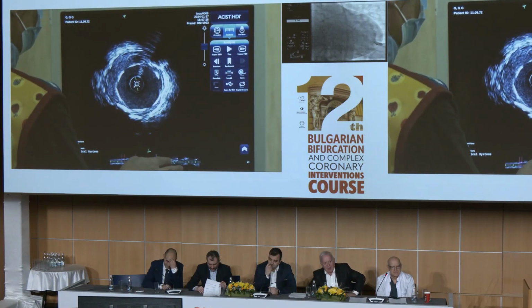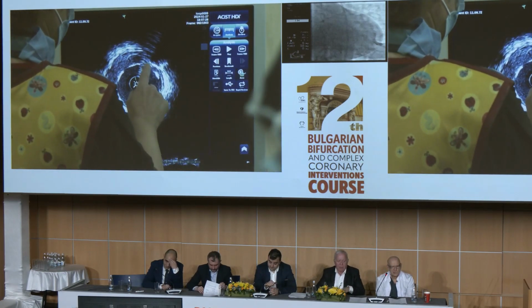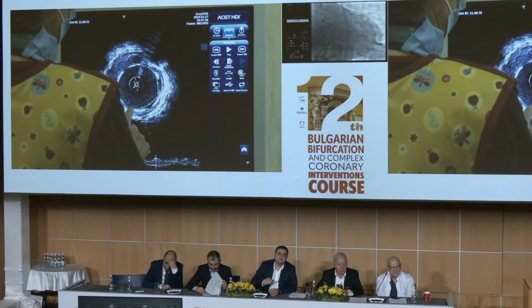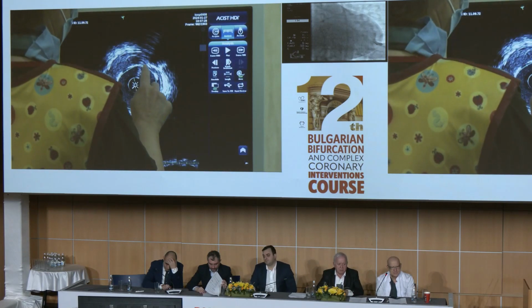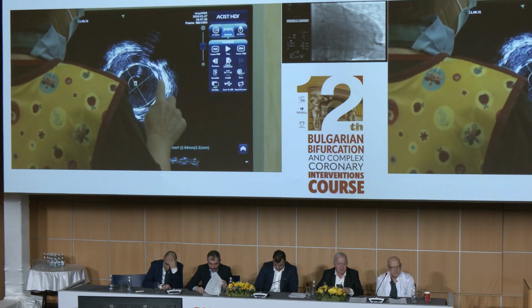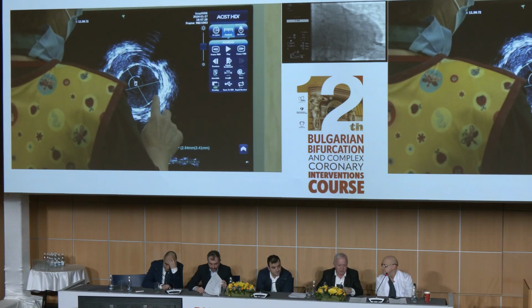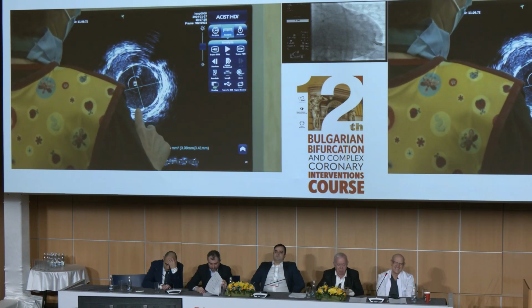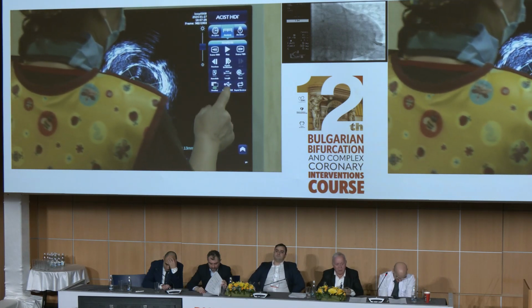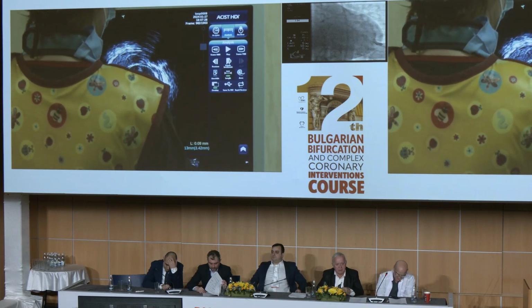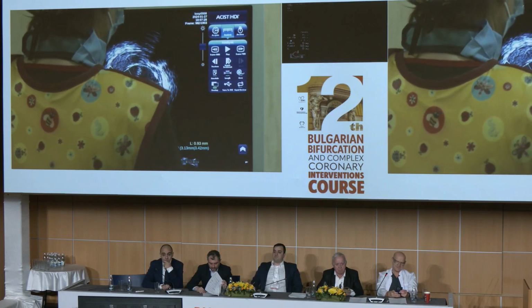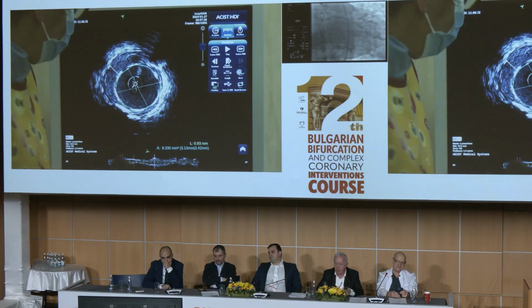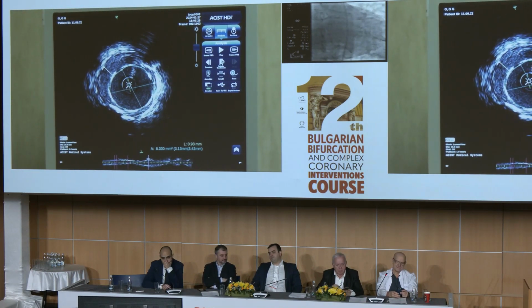Just for the audience, underexpansion and malposition are two different issues. Underexpansion means that the stent did not achieve the desired vessel diameter or vessel area, and malposition means that there are struts which are not laid over the vessel wall.